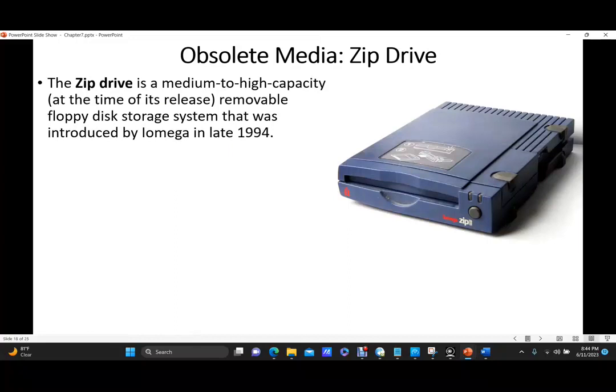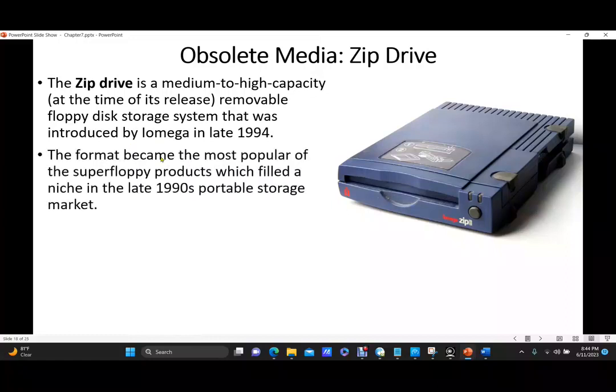The Zip drive is a medium to high capacity, high at that time anyway, removable floppy disk storage system that was introduced by Iomega in 1994. This format became the most popular of a group of super floppy products, floppy better than floppy disks, which filled a niche in the late 1990s for higher capacity portable storage of data.